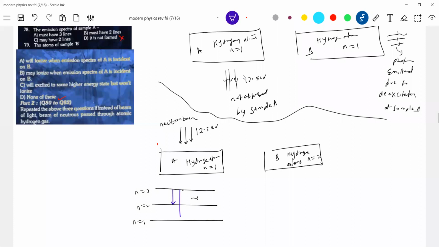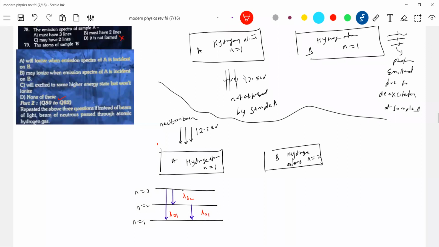This is the possibility. This will be lambda 32, lambda 21, lambda 31. When these photons strike the hydrogen sample B, is there any possibility after this?